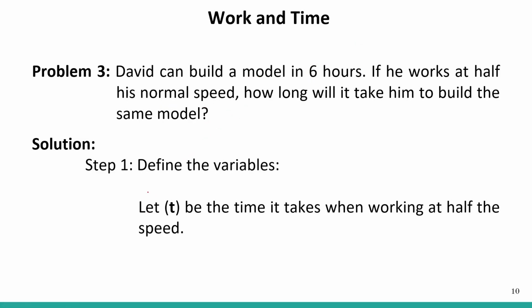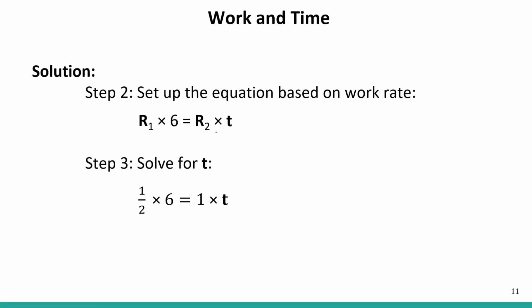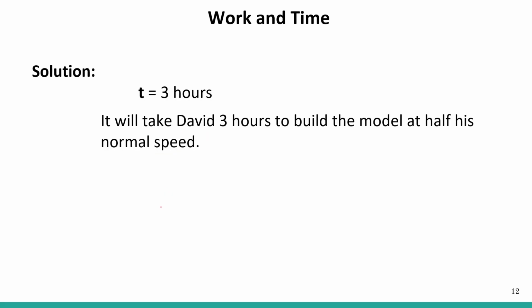So defining the variables, let t be the time it takes when working at half the speed. Set up the equation based on work rate. R1 into 6 is equal to R2 into t. Solving for t, it is 6 by 2, which is 3 hours. So it will take David 3 hours to build the model at half his normal speed.